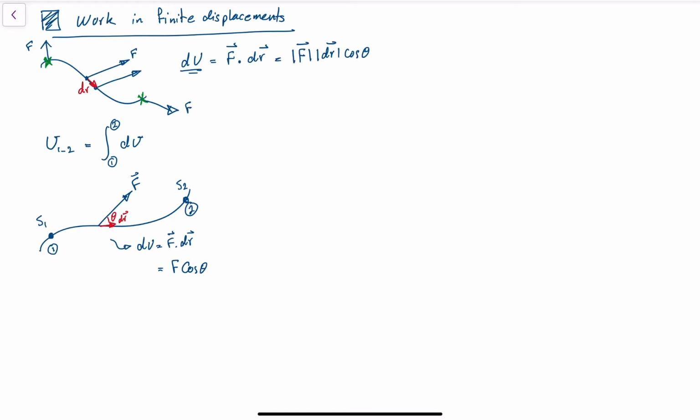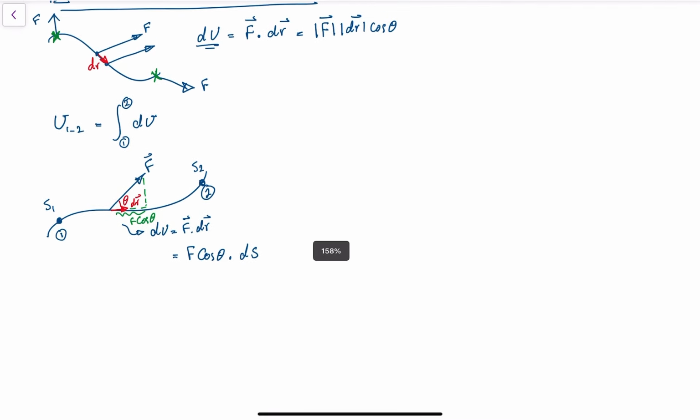So this is the component of F, F cosine of theta. And then multiply that by the amount of displacement along the path, called ds. So always essentially finding the tangential component of the force, multiplying it by the displacement along the path.